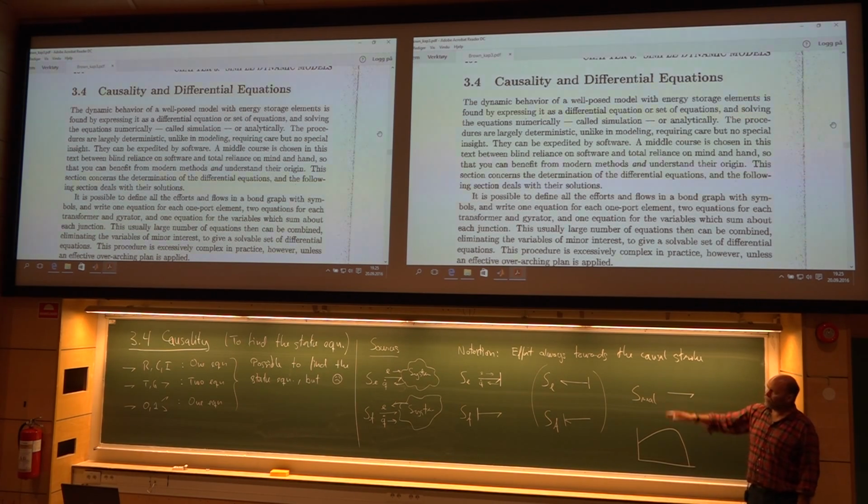So it's neither an effort source nor a flow source. So for a real source, we can't use causal strokes, causality. And that is sad.